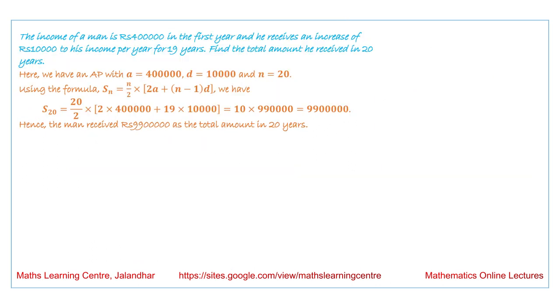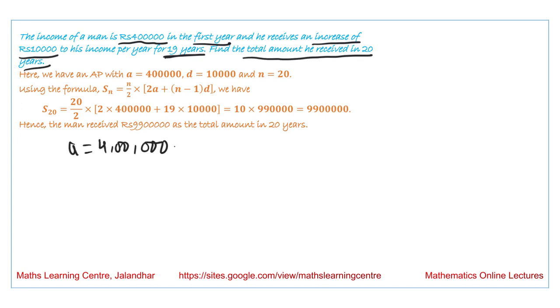Next: the income of a man is rupees 4 lakh in the first year, and he receives an increase of rupees 10,000 in his income per year for 19 years. What is the total amount he receives in 20 years? It is given that a is equal to 4 lakhs, d is equal to 10,000, and the number of years is 20.